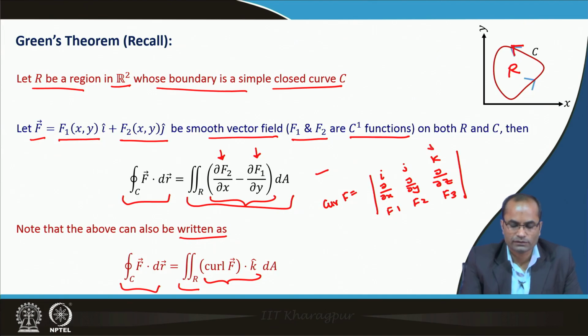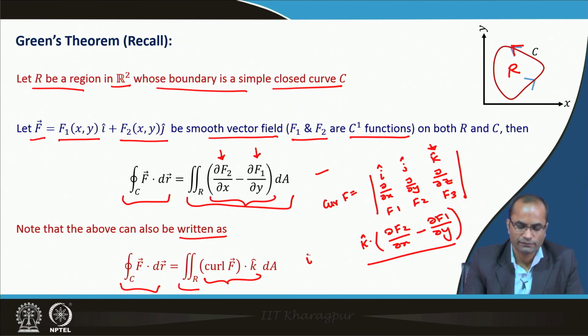So, only this third component will survive, and all others will vanish in the dot product. So, with k we get del f2 over del x minus del f1 over del y. This will be the third component, and then we will have something with i, and then with j.